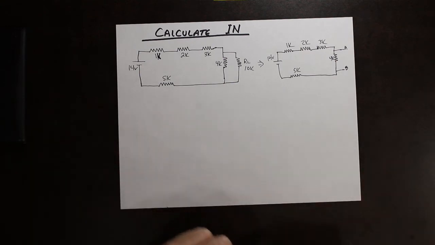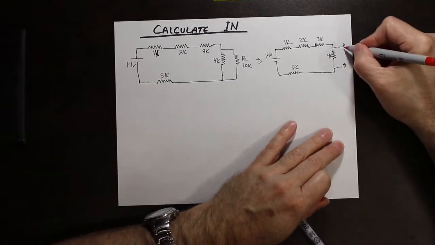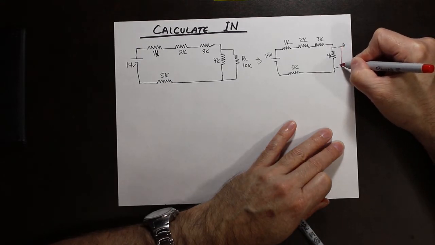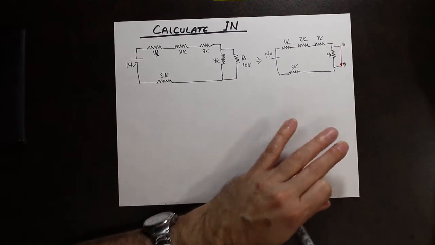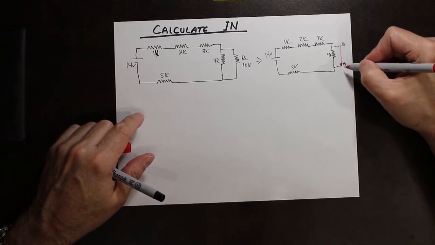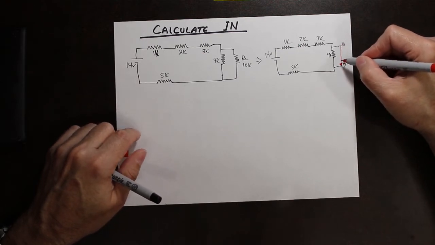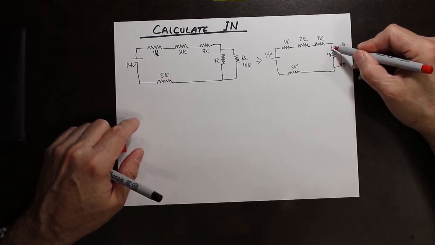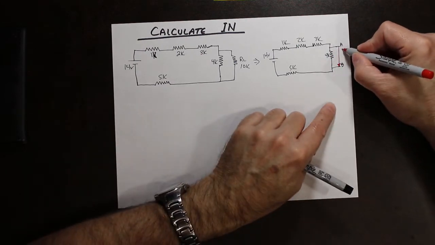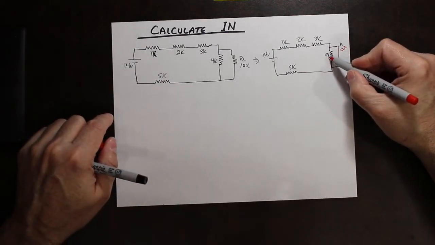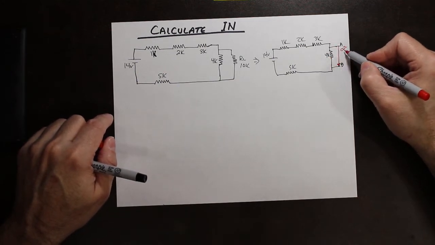The next procedure is to make a short circuit from A to B. Here's where it has a little twist. When I put a short circuit from A to B, it actually gets rid of this resistor. Because if you have a short circuit, something with 0 ohms in parallel with 4K, the end result is 0 ohms.